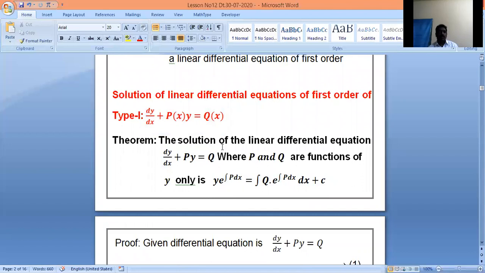The solution of the linear differential equation dy by dx plus py is equal to q, where p and q are functions of x only, is y into e power of integration p dx is equal to integration of q into e to the power of integration of p dx into dx plus c.